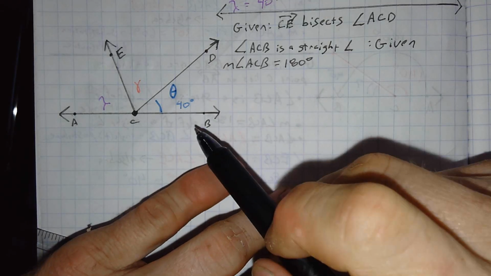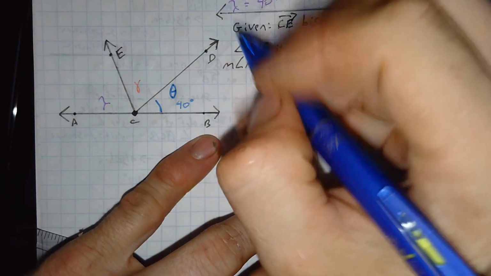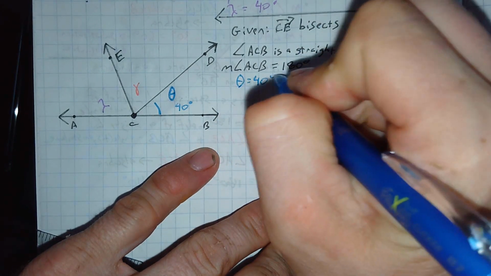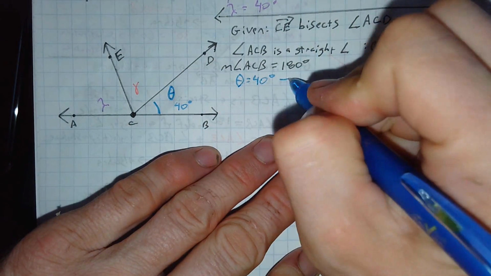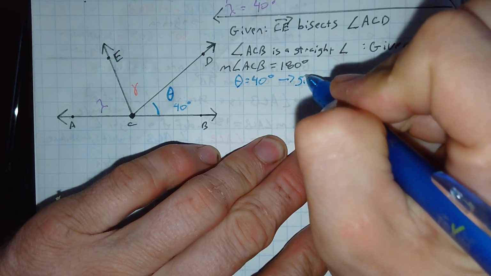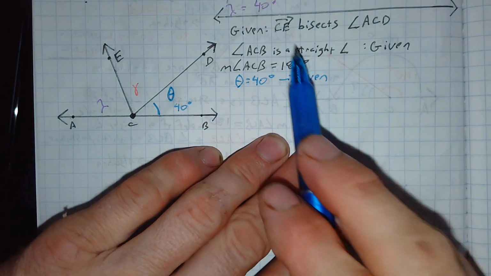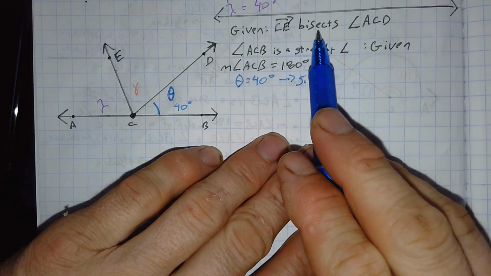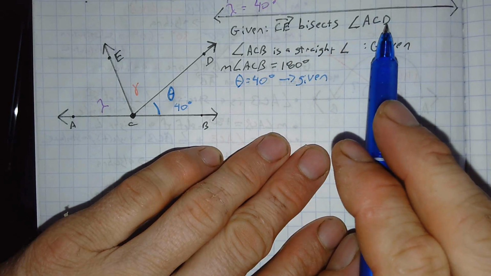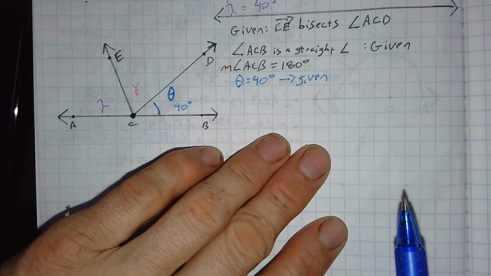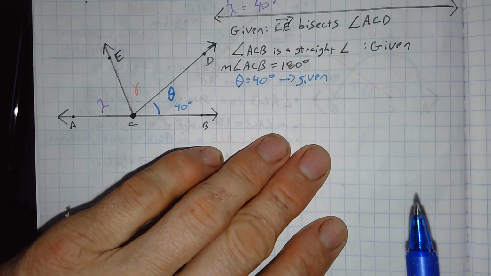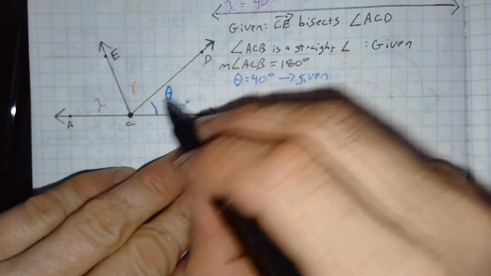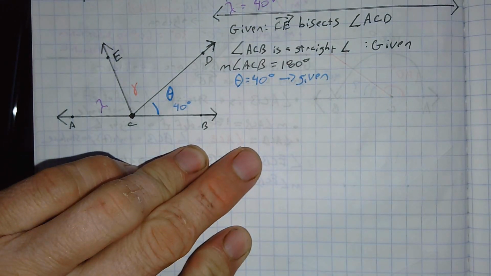Okay, so another thing that I can say is that gamma equals 40 degrees because that is given to me. Right, and then it gave to me that angle CE bisects angle ACD. Okay, so what does that mean? What does that tell me? I can say a number of things, whatever way I want to go at it, right?